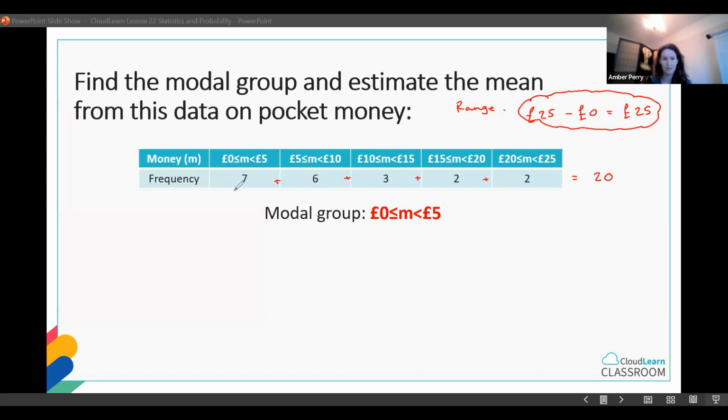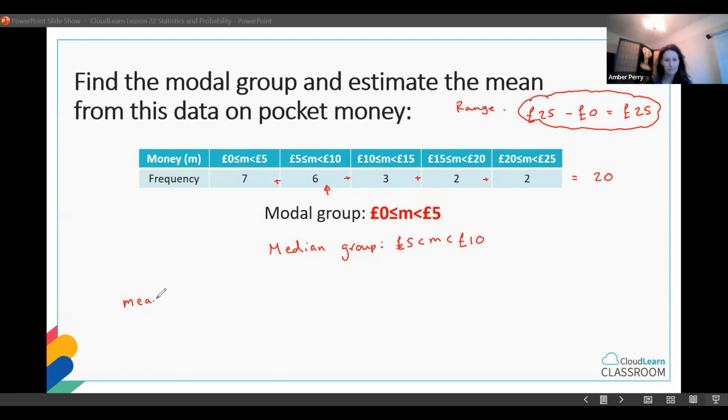If there's 7 in there and 6 in there, then the 10th and the 11th will both be in this group. So the median group would be that 5 to 10 group there. Okay, so that's range and that's median.